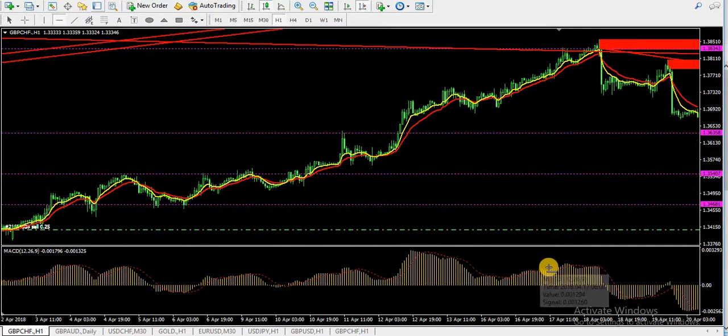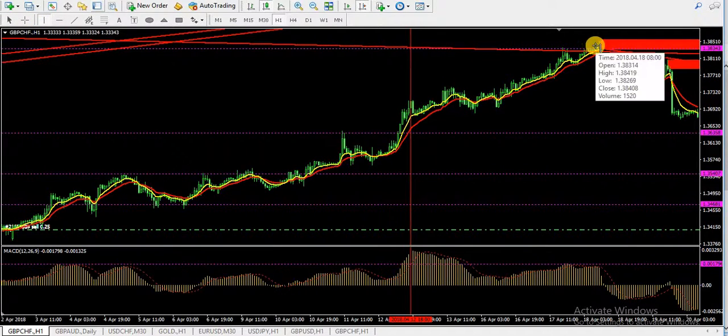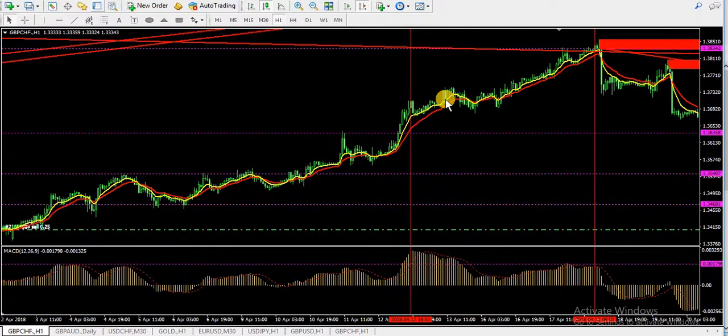If I were to draw a horizontal line over here, you would see that this point is higher than this, is higher than here. Basically, this one is higher than this one.